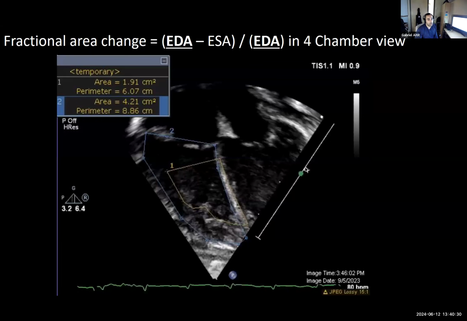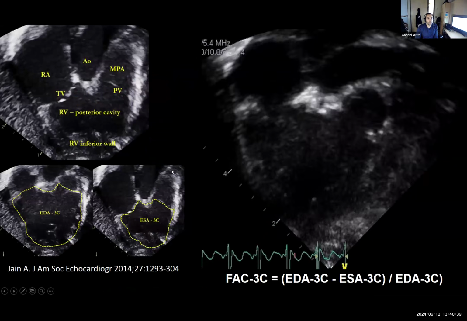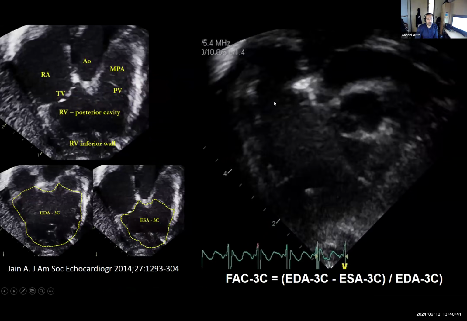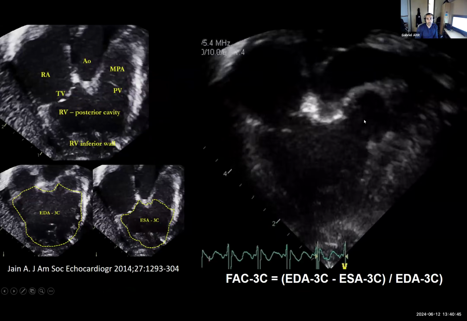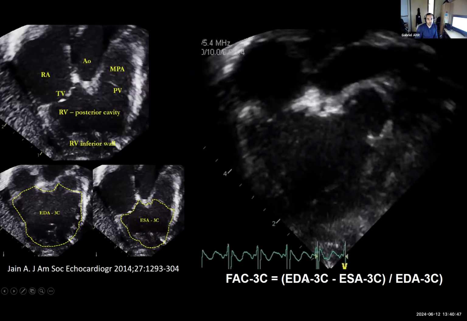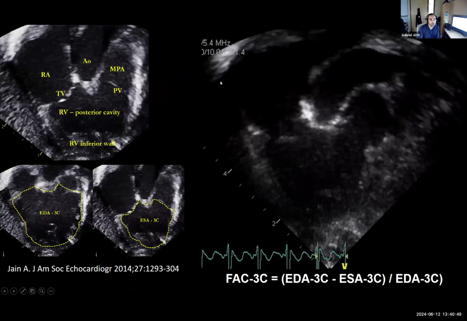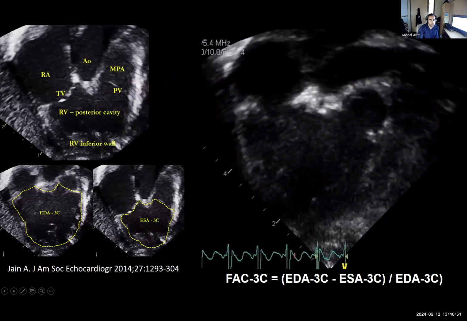For the RV, we typically use what we call the fractional area change, which is a fraction of areas in diastole and systole. We can do this also in what we call the TED view or the RV inflow-outflow view. So this is tricuspid valve, RV body, and eventually the pulmonary valve. And you can do a fraction of the end diastolic to end systolic area.